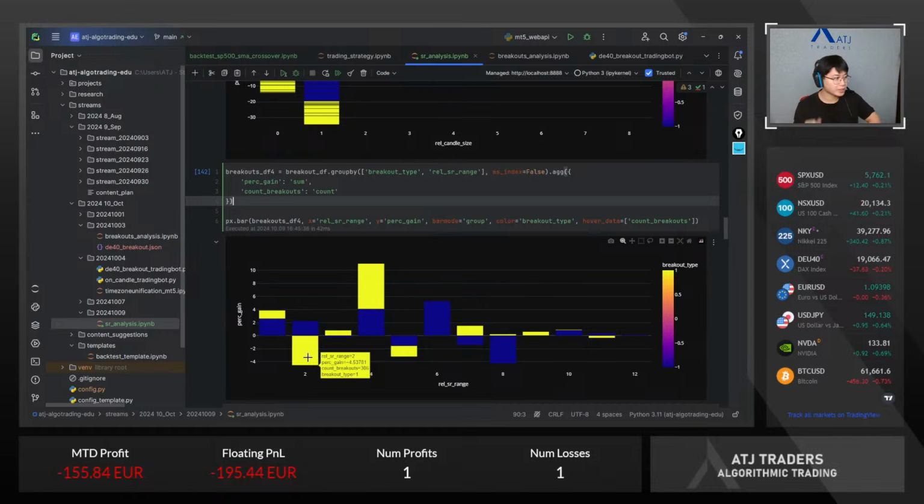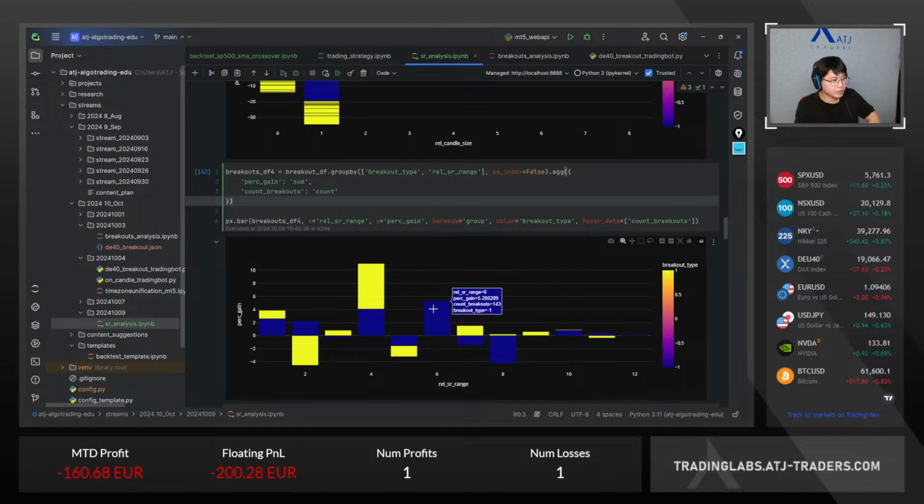This is maybe an idea that I have. Because what's interesting, the market is trending up most of the time, but this part is showing that, even though we have a breakout to the upside, it's more likely a fake out. This is what the data here implies.